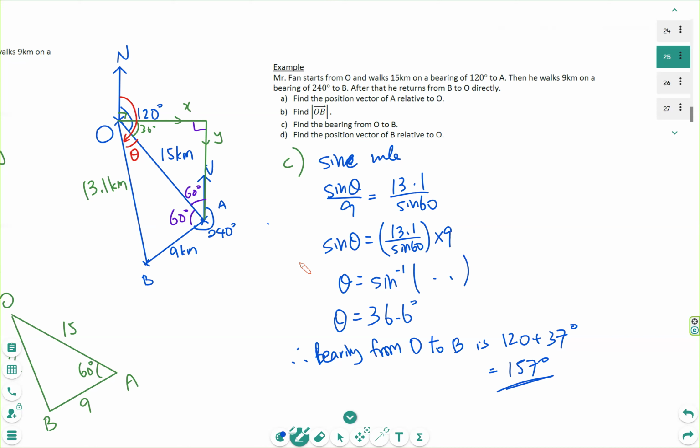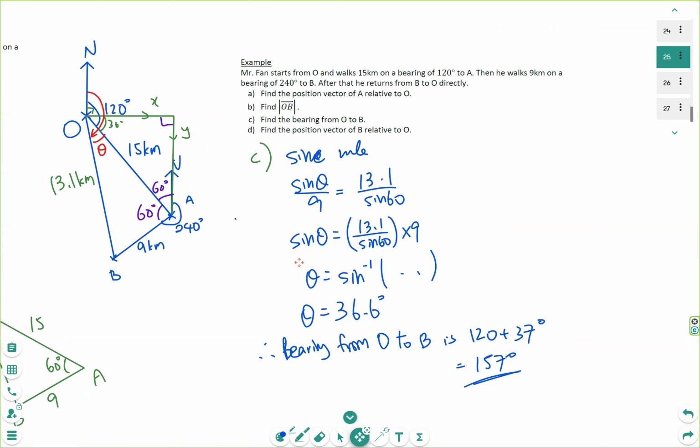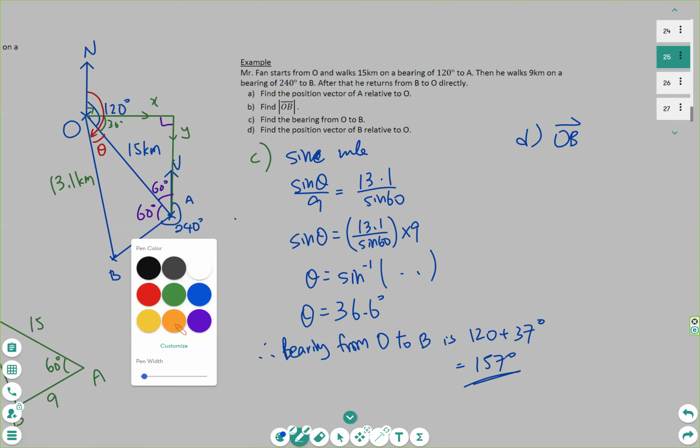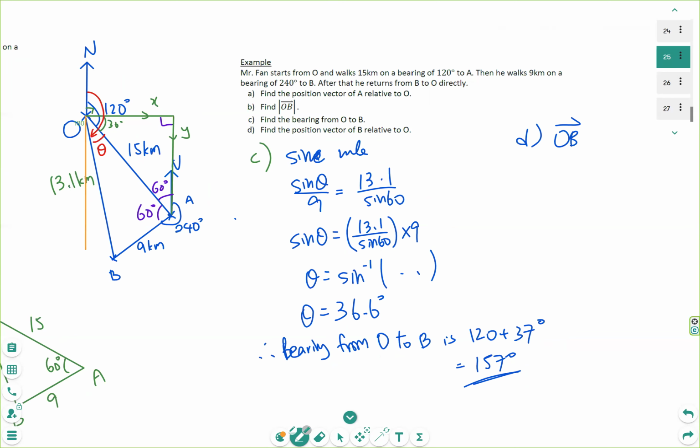Part D, find the position vector of B relative to O. That means they want you to find OB. So part D. So to find OB, we can use the vector here. We can use triangle here.